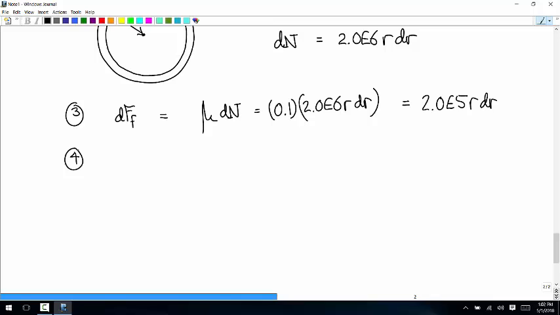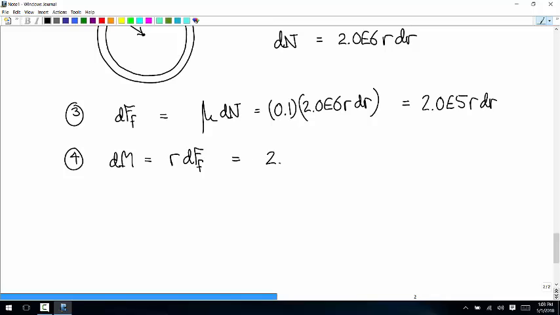Then the fourth step is to calculate the moment produced by that friction. So dM is equal to r dF_f.